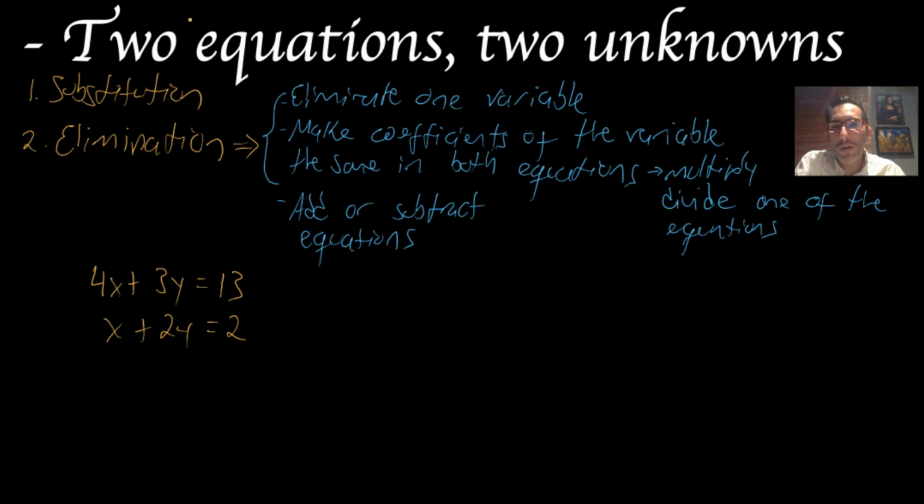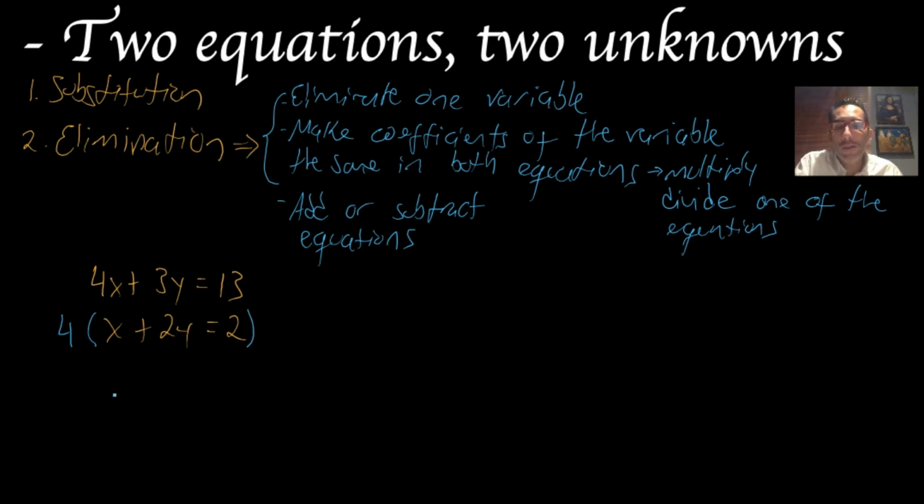So if we follow our steps, the first is make the coefficients of the variable the same in both equations by multiplying or dividing one of the equations. Here you can see that the coefficient of x in this equation is 4 and here it is 1. I want to make it equal in both. So I will do that by multiplying this second equation by 4. Now, remember that I need to multiply the whole equation.